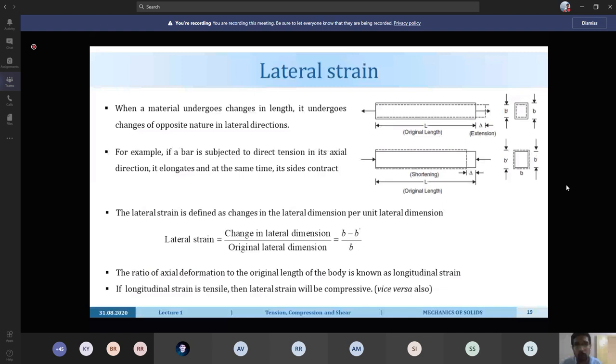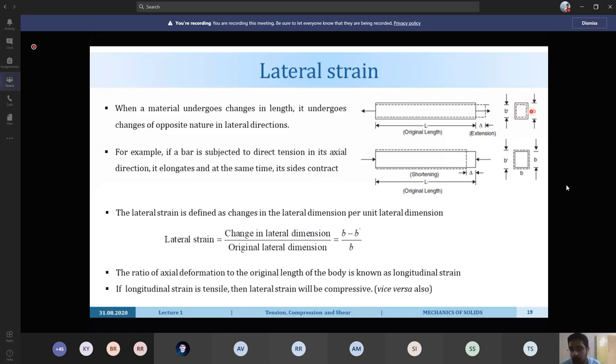Okay, so we move to lateral strain now. As I said before, we have the longitudinal strain, where the ratio of the axial deformation to the original length of the body is taken. Now, when a material undergoes a change in length, suppose I am trying to pull this bar, then obviously there will be an increase in the length of the bar by delta. But at the same time, if you look at the cross section, the depth of this bar actually decreases.